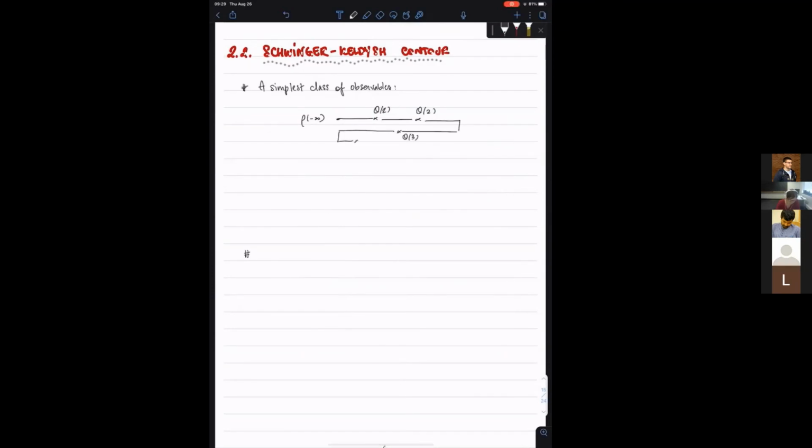But now O4 is inserted somewhere here. So we are choosing this particular configuration. T4 is more than T1, T3, and then T2. So we can always move this operator here by using, again, the properties of the unitarity of evolution. We can move it over here. So we can actually rewrite this contour in this way.